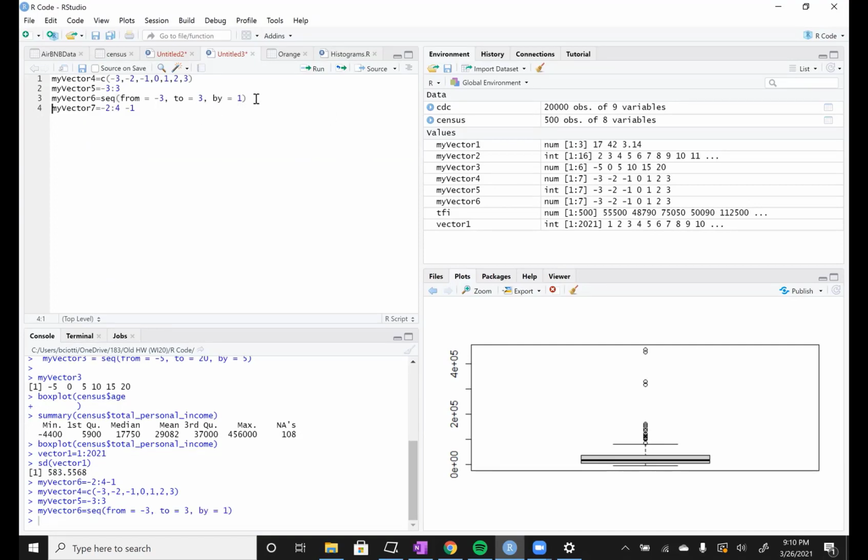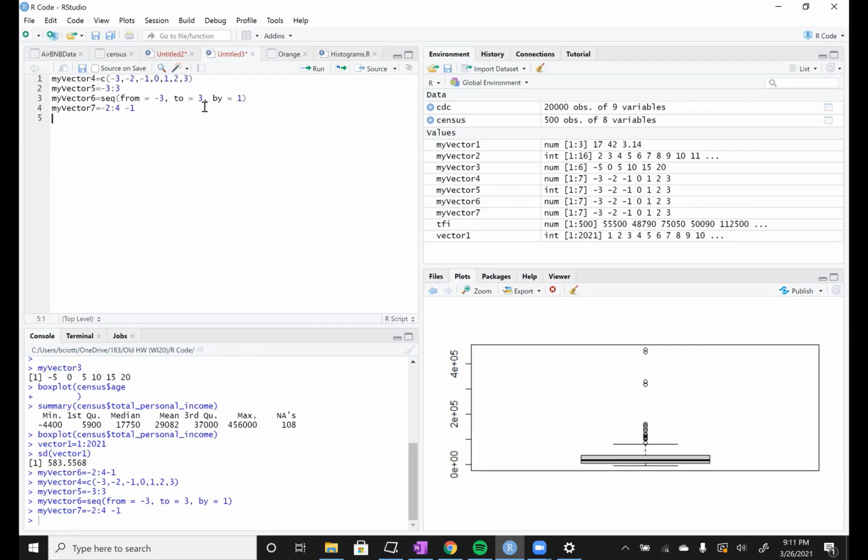My vector 6, in fact, yes, that is also the desired sequence, -3, -2, -1, 0, 1, 2, 3, or my vector 7, that is also the sequence from -3 up to 3. So all 4 of those methods worked. Great. Let me now share OneNote.